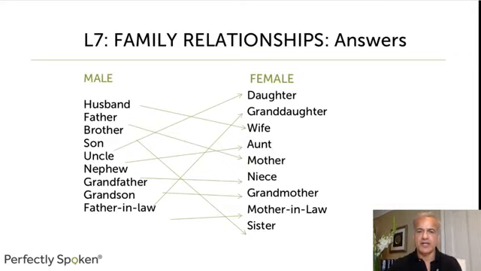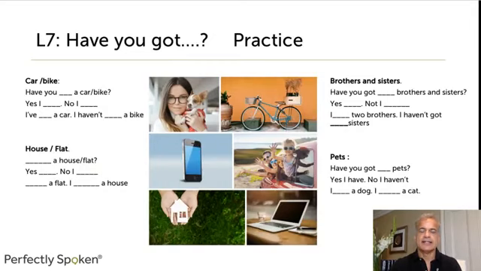And then we looked at have you got? So again, have you got a car? Have you got a bike? Yes, I have. No, I haven't. I've got a car.